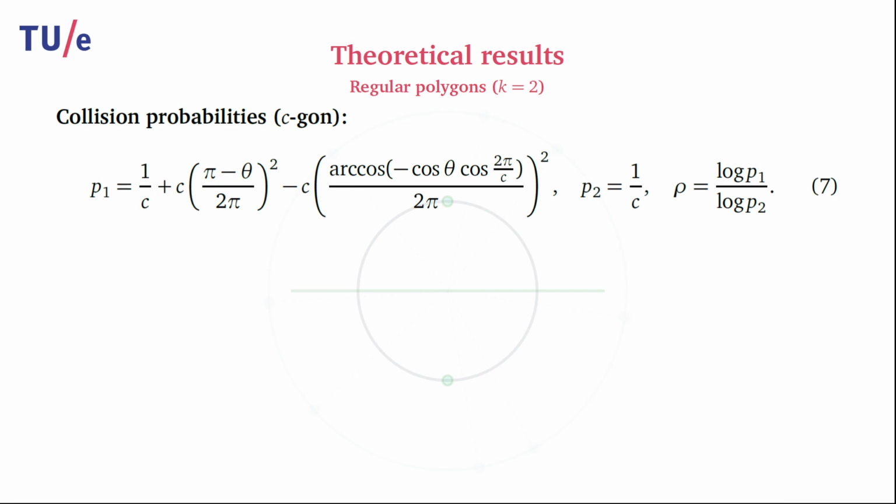P2 is again very simple, but P1 is now this messy thing here. But it's very explicit in terms of just the parameter c, the size of the polygon, and theta, the target angle that we are interested in. So it's just a formula where you can plug in values of c and theta and see what happens. Then you get explicit values for P1, P2, and also for rho.